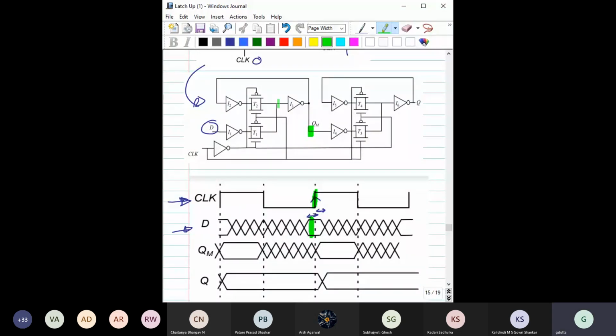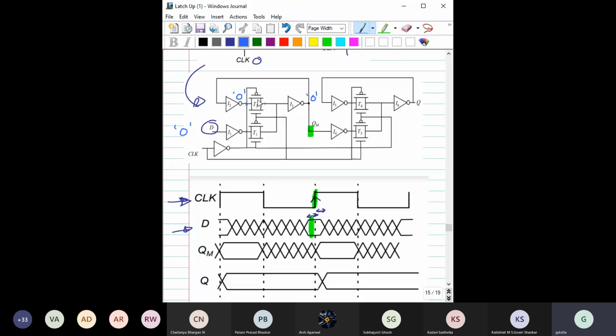It also has to be latched, so it also has to pass one more inverter. Not getting it? See, when this clock becomes 1, immediately whatever has been stored here... suppose this D is equal to 0, right? Then that 0 has to be transferred to here, and the same 0 has to be also here. Both sides of this transmission gate have to be 0, then only it will act as a latch, right?